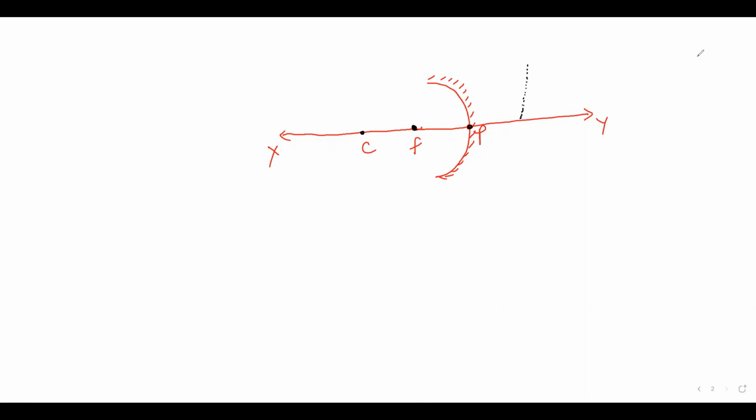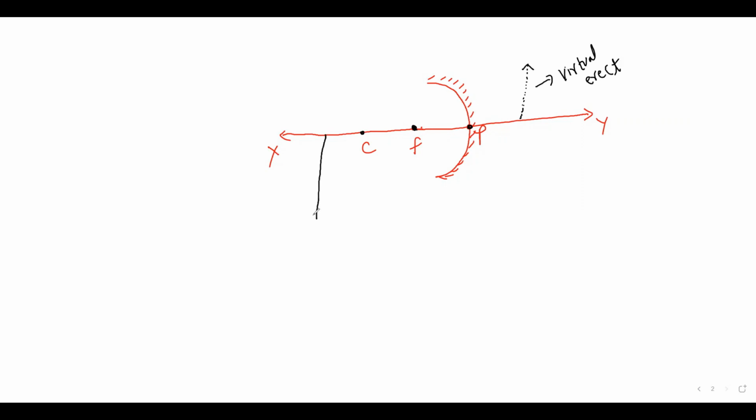Virtual images are denoted by dotted lines. This type of image is called virtual erect. Got it?